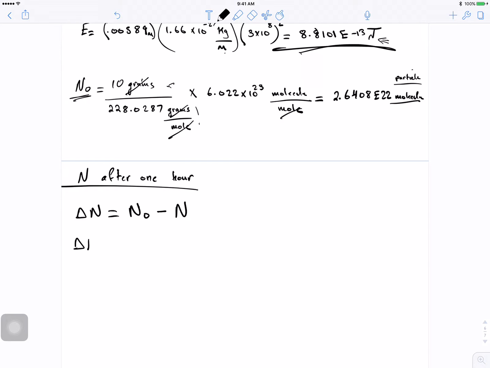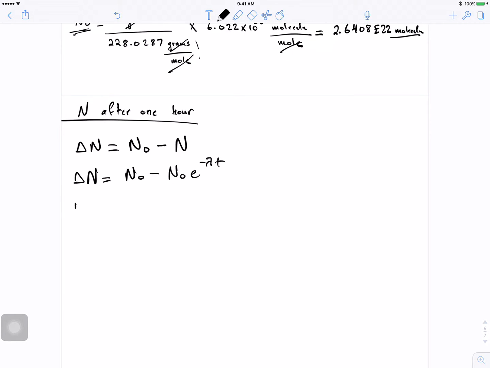So delta N is going to be equal to N naught minus N naught e to the negative decay constant times T.